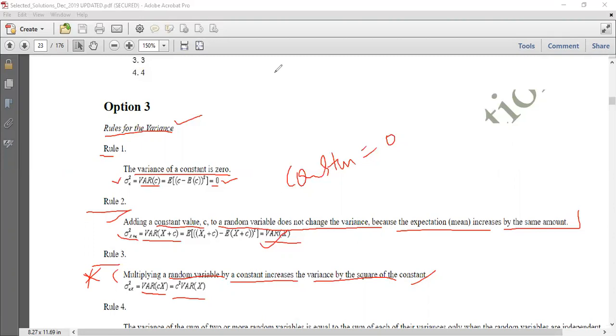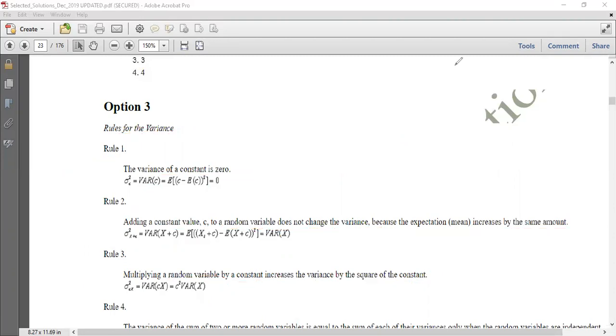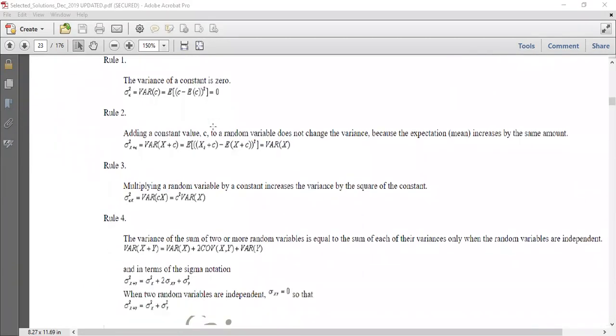Then, because they are dependent, you have to add the covariance. In rule number 4, the variance of the sum of two or more random variables is equal to the sum of each of their variances only if the random variables are independent.